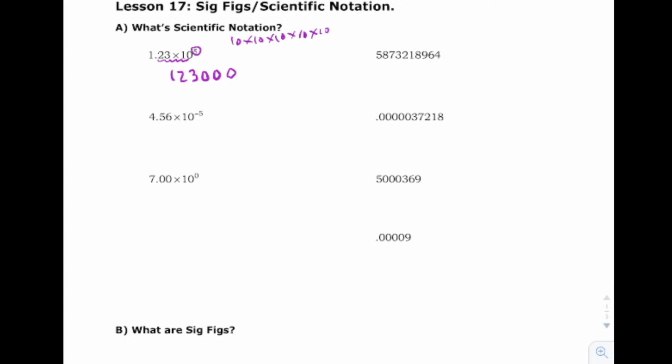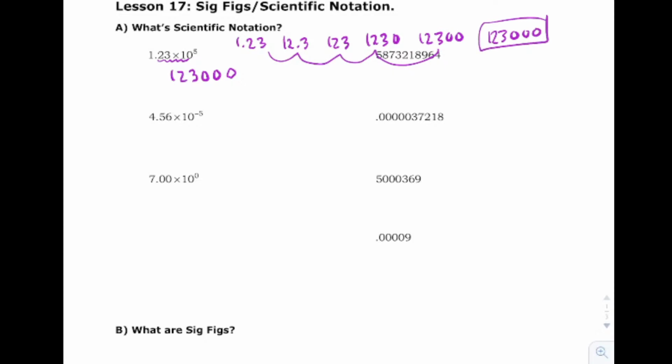And so you take this 1.23, you multiply it by 10 once, it becomes 12.3, you multiply it by 10 again, it becomes 123, you multiply it by 10 again, it becomes this, you multiply it by 10 again, it becomes like this, and I've done it 1, 2, 3, 4 times, so I have to go one more time, put one more 0 on it, and there's our answer, 123,000.